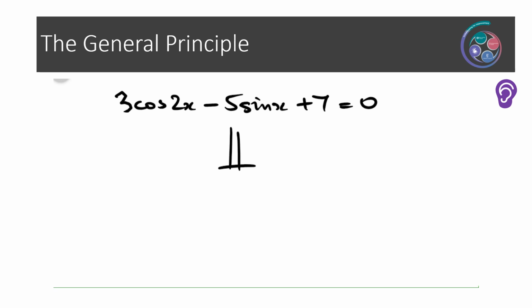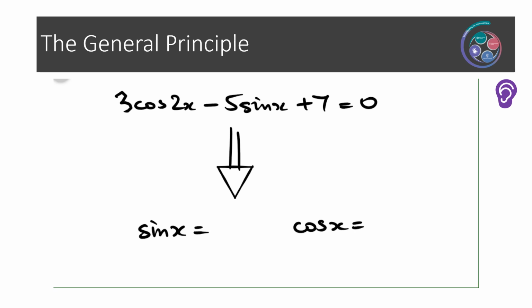We're going to manipulate that, do some work on that particular equation, and end up with a nice wee simple sine x equals or cos x equals. This middle part is the main work we're going to be doing for Higher. Once we reach sine x equals and cos x equals, we're back to National 5 work. We know how to solve these things.